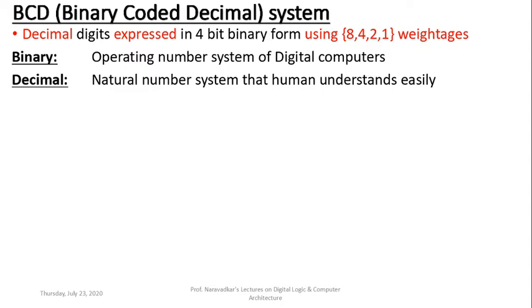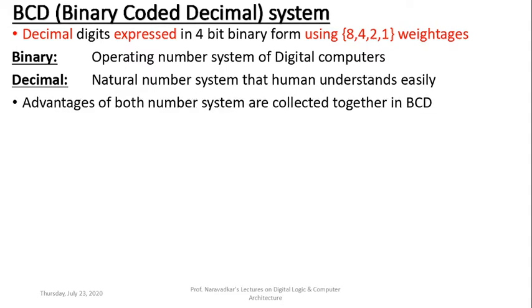Okay, then the advantages of both are collected together. So the advantages of both the decimal and binary number systems are collected together to form a BCD number system here. BCD works like a decimal so that humans understand properly, and internally it is in binary form so that the digital computer also works on it in a proper way.